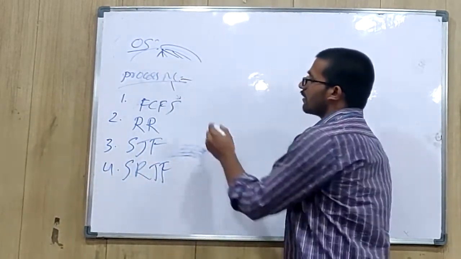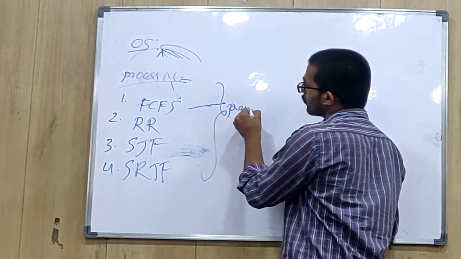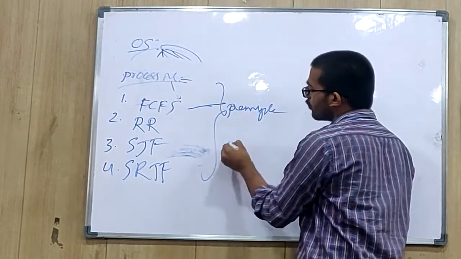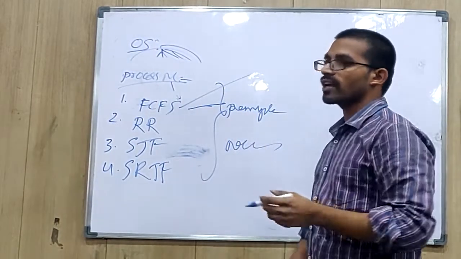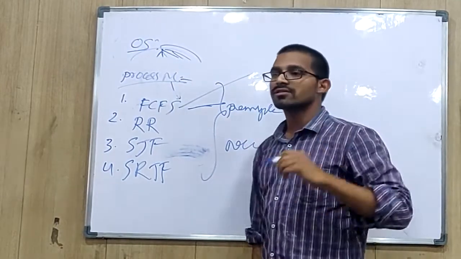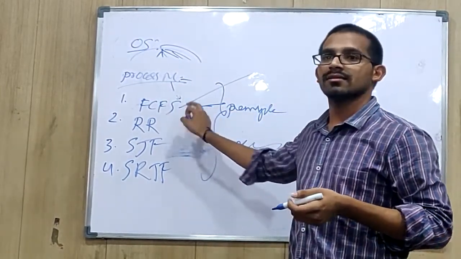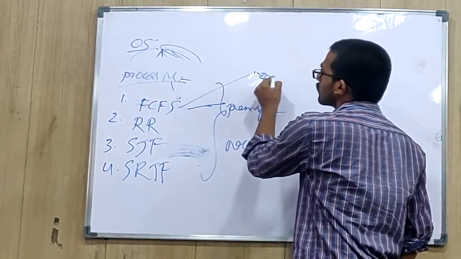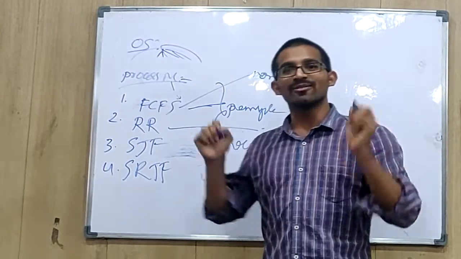Here we also have preemptive and non-preemptive. FCFS is non-preemptive: once we come, the OS serves us, and we can't be preempted by the OS. Round robin is preemptive.